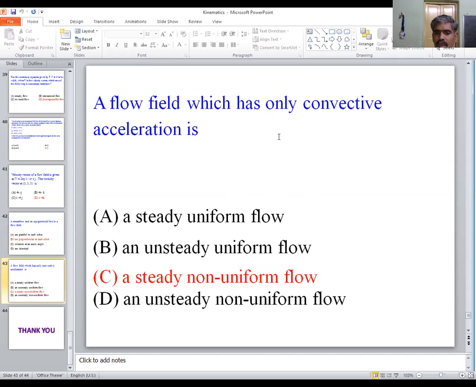Having only convective acceleration means dou u by dou t, dou v by dou t, and dou w by dou t are 0, which is a steady condition. Then only convective acceleration is available, and that is a non-uniform flow.